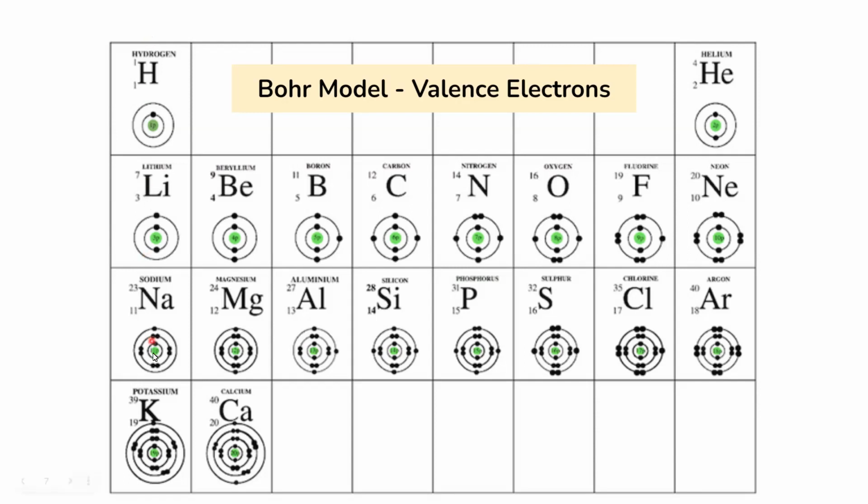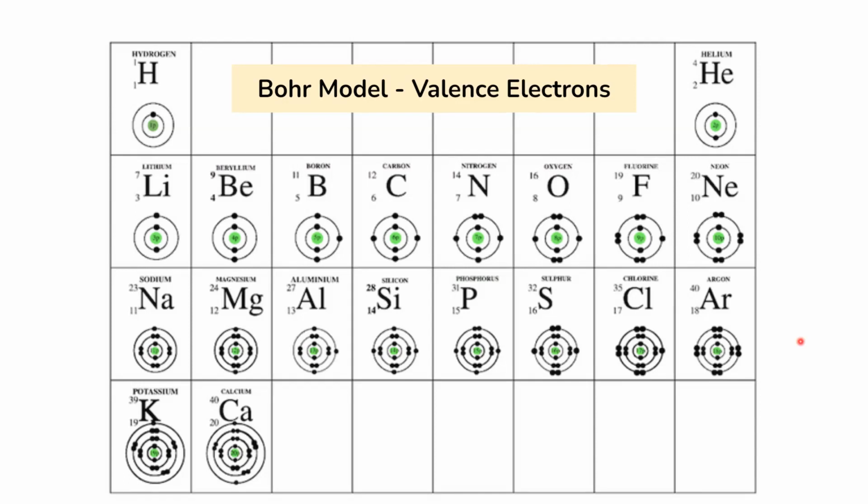So we have group 1, group 2, and then in between these two groups would be all those transition metals, then group 3, group 4, group 5, group 6, group 7, and group 8. So we can see all of the main group elements for the first 20 elements.